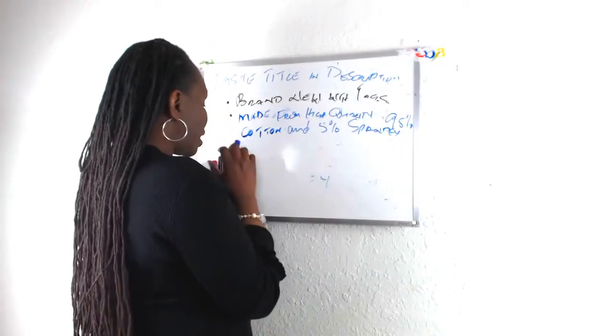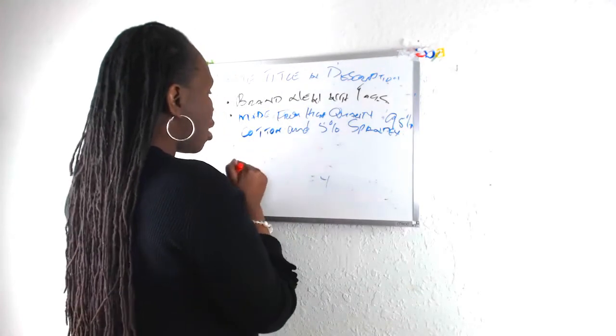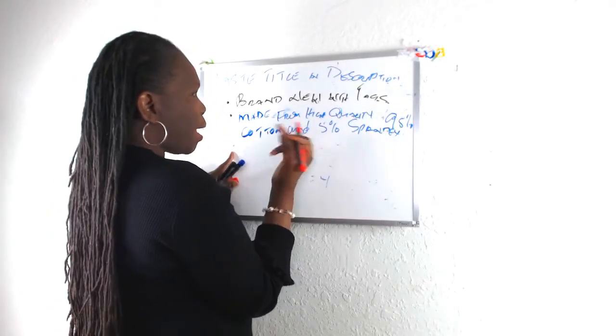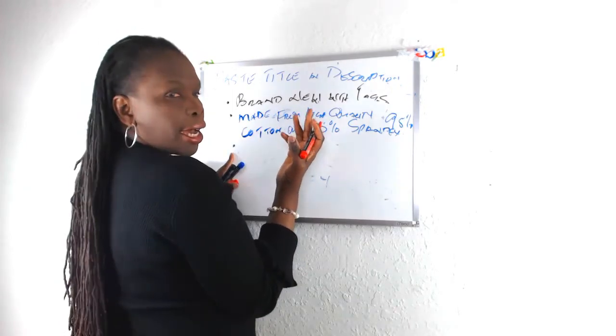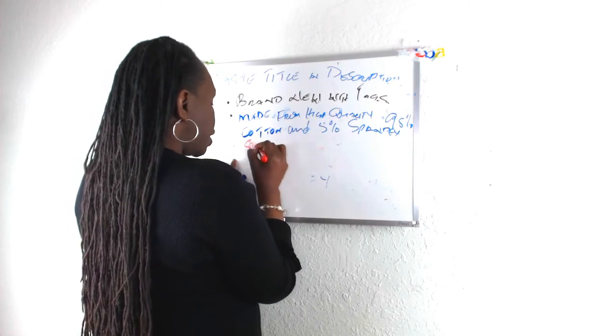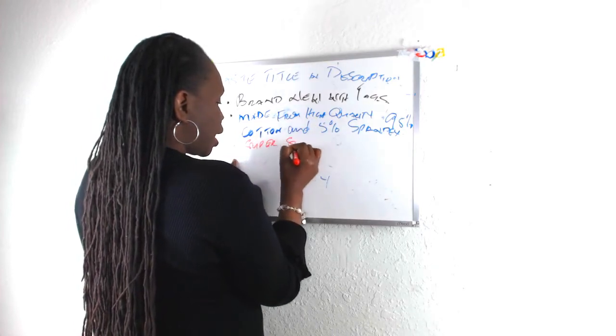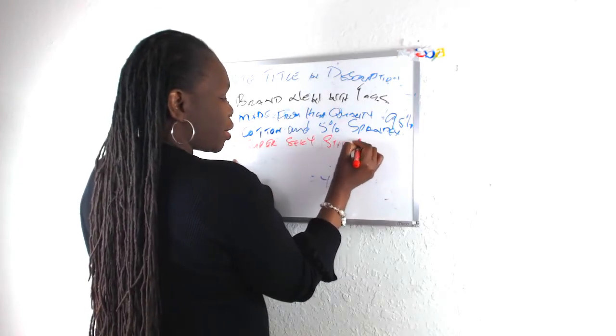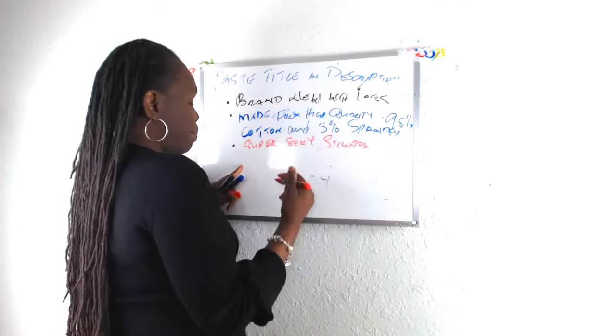After I say this, say if I'm describing a pair of stilettos, I can go in and say super sexy stilettos, if they are stilettos. I'm just giving random examples here.